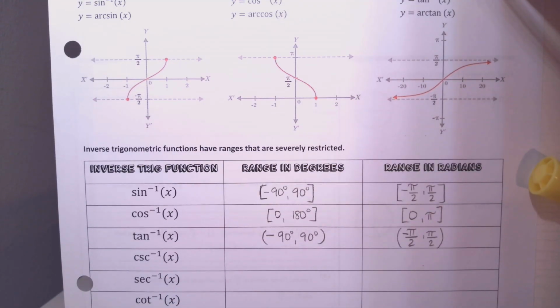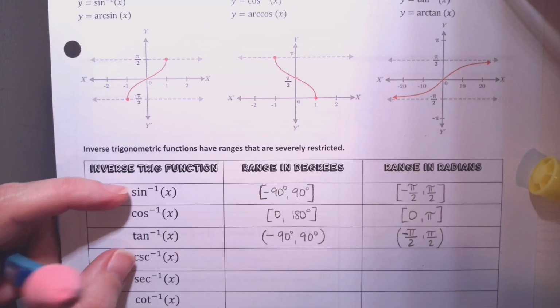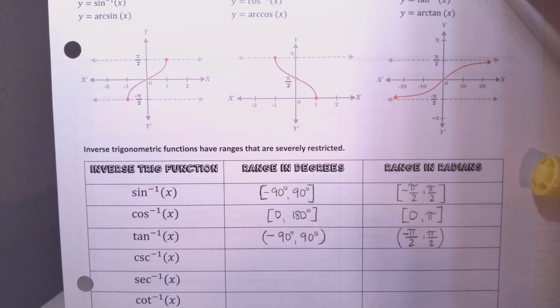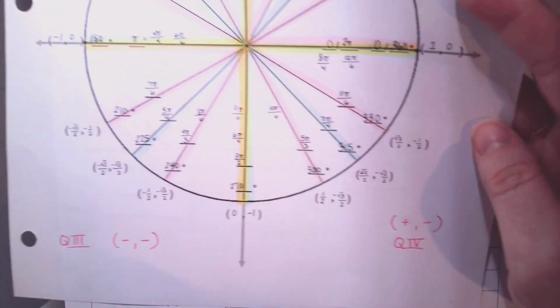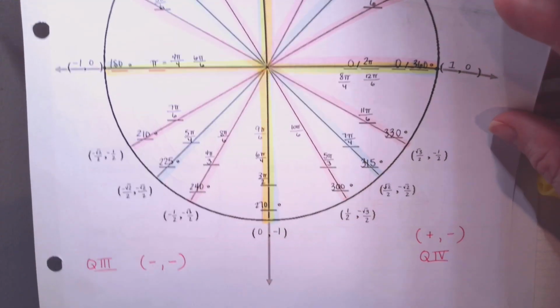And then cosecant is actually very similar to its reciprocal, and its reciprocal is sine. These two are related. So it's very similar to this one, except if we go look at our unit circle real quick, cosecant is basically if we took the sine value and flipped it over. So we would have to take the y value and flip it over.